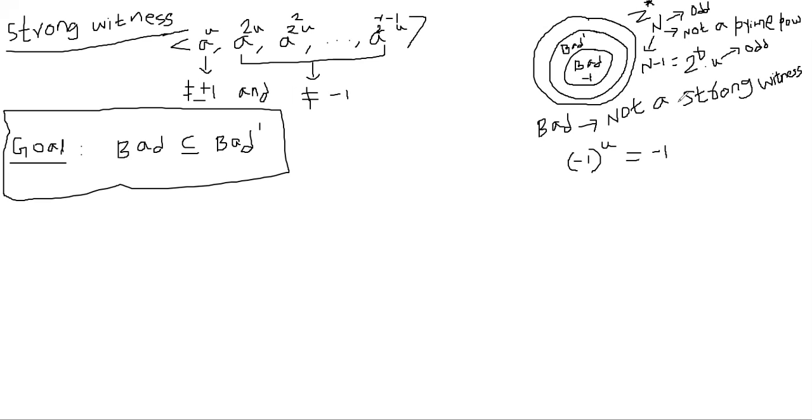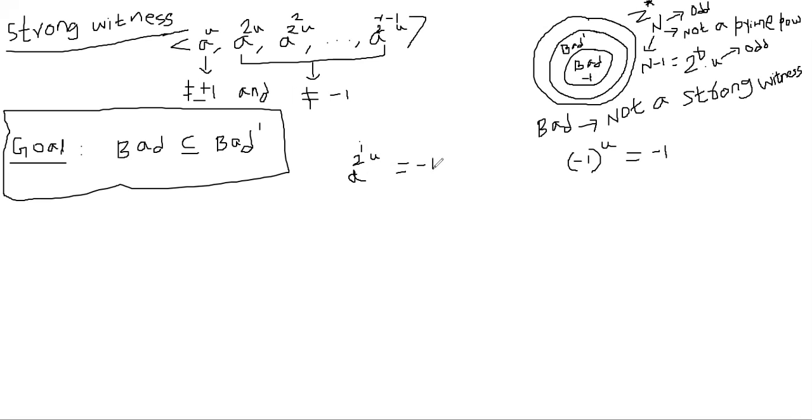Okay, and given that, let's think about finding an i such that a power 2 power i times u is equal to minus 1.